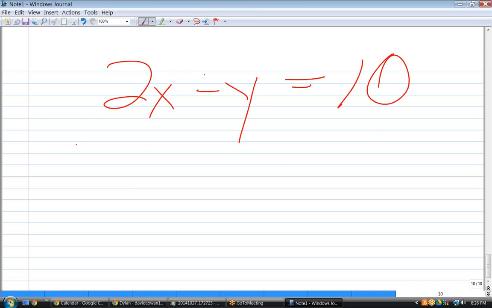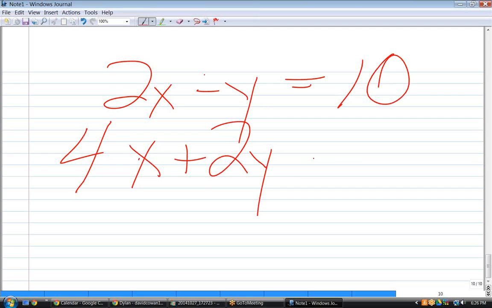In other words, if I have 2x minus y equals 10, and I have 4x plus 2y equals 6, can I eliminate a variable by adding or subtracting these equations? No, it won't disappear.